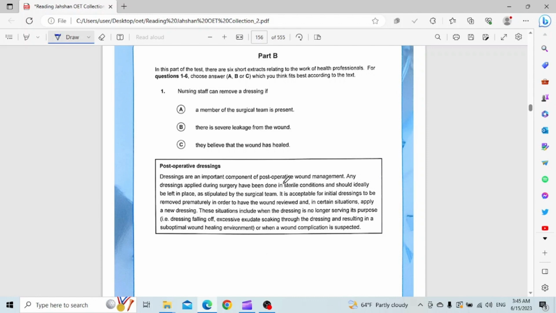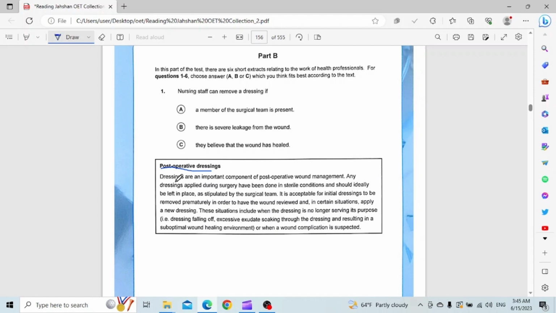What I mean is: first of all, read the question, for example, "Nursing staff can remove dressing if...". Then go to the text and read it thoroughly, starting from the title.